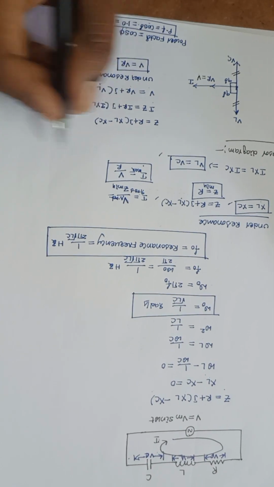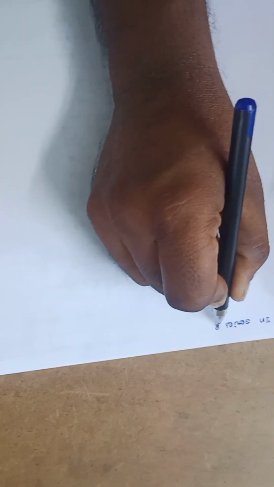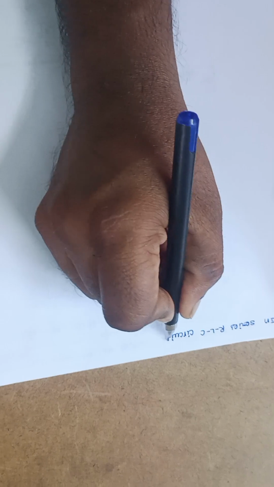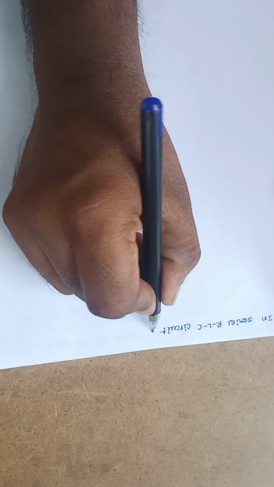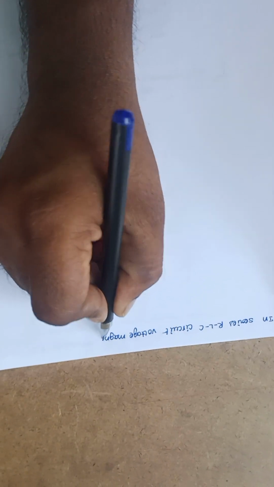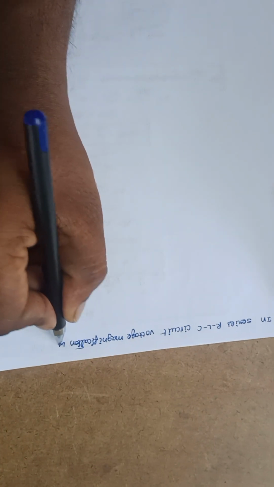So in series RLC circuit, voltage magnification will exist.